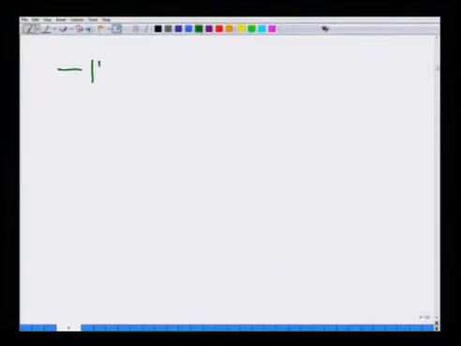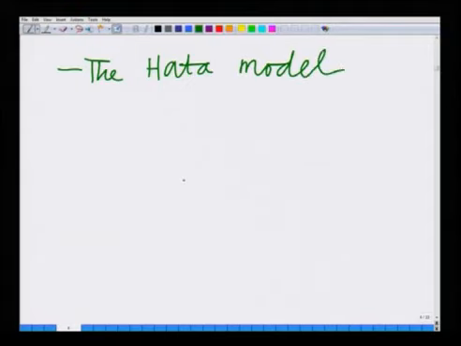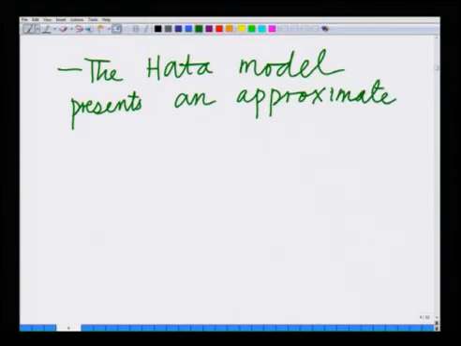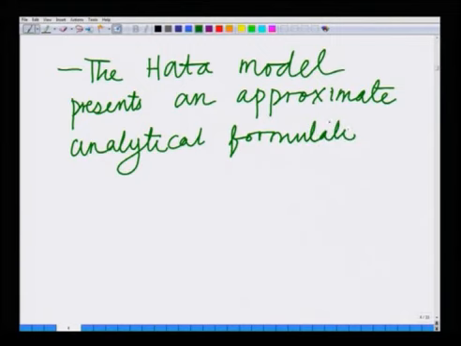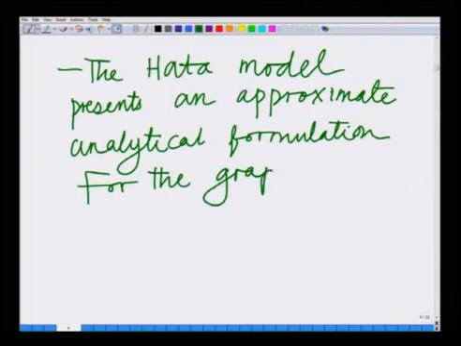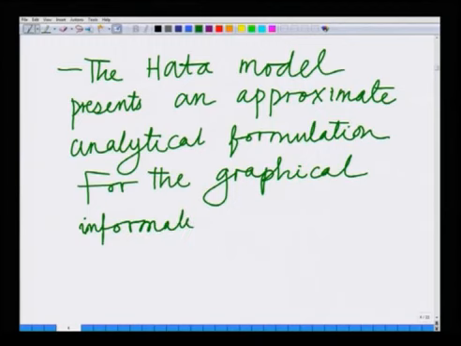So, the Hata model presents an approximate analytical formulation for the graphical information provided by the Okumura model.